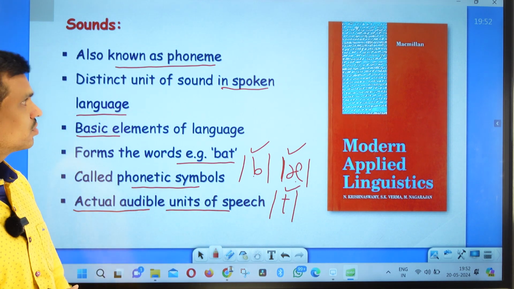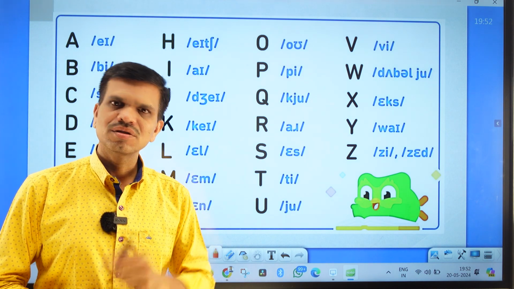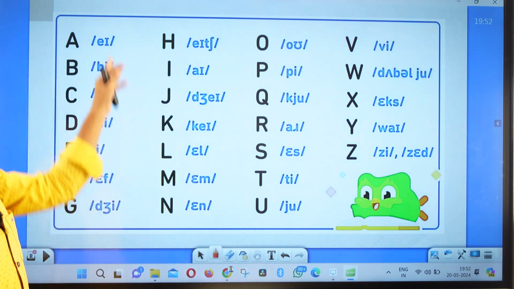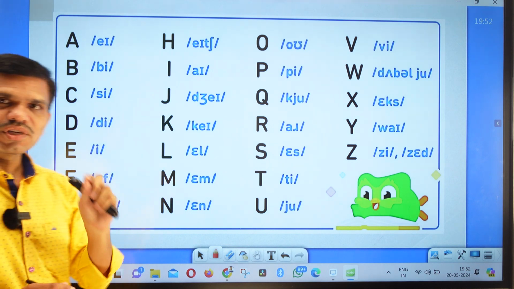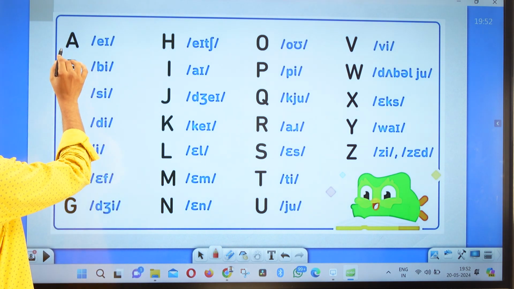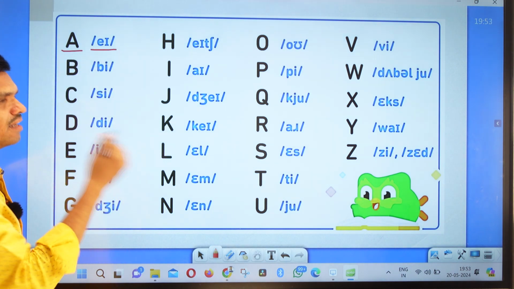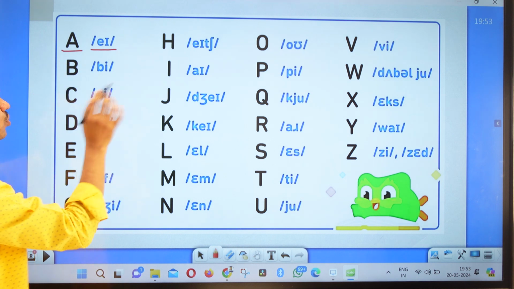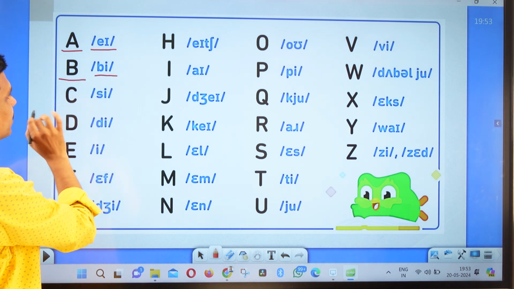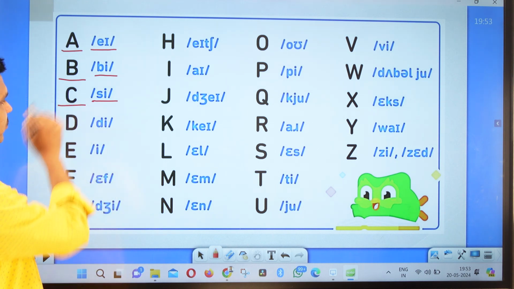Now let's consider the letters. This is the chart of letters. How many letters are there in English? There are 26 letters, and these 26 letters represent different sounds. For example, here we have the very first letter A, and it represents two sounds. B, then C, we have two sounds for this letter.